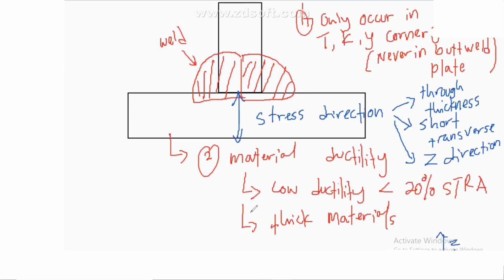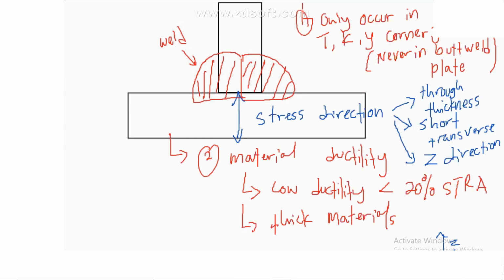It's got three names, but meaning the same thing: through thickness, short transverse, Z direction, meaning the thickness of the material. So the stress is acting following the thickness of the material. I don't know which one they're going to ask you or give as the answer, but normally they come up with the name through thickness, short transverse, Z direction, and you need to know that it means the stress acting in the thickness direction. Okay, clear about this? All right.